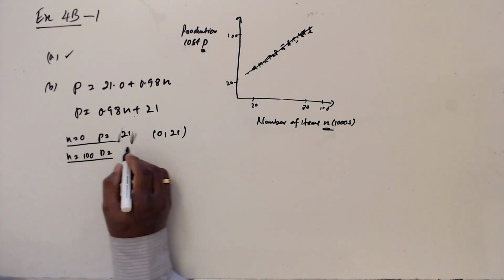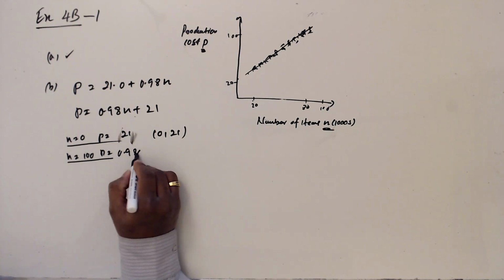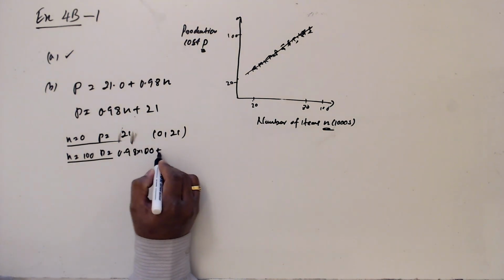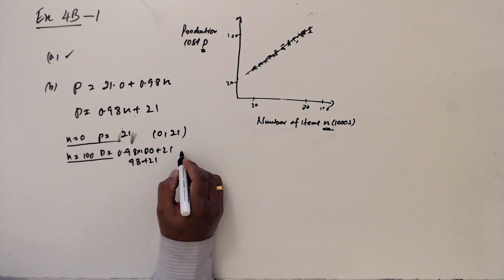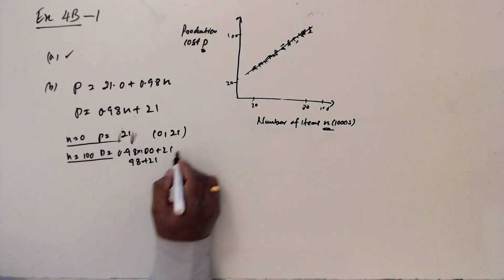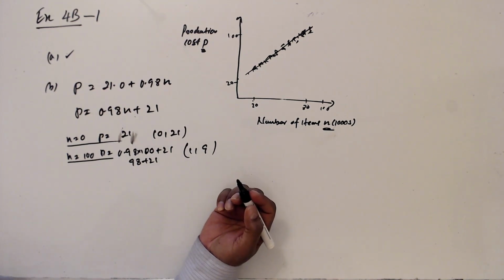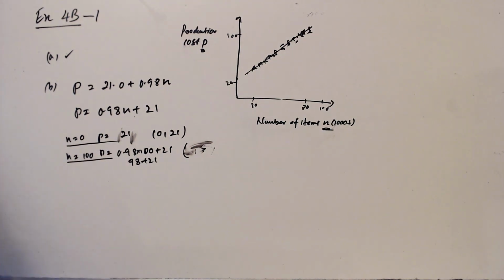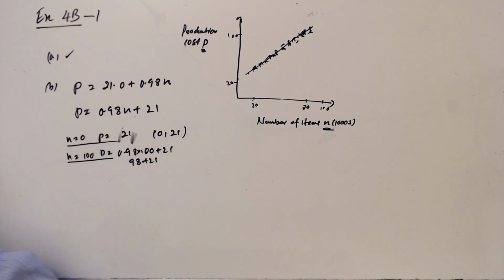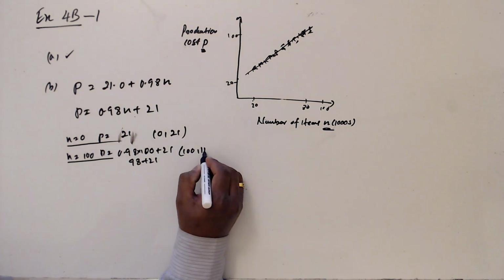So N equals 0 you can take easily, and let's say N equals 100, then P equals 0.98 times 100 plus 21. It means 98 plus 21, which is 119. The other coordinate is N equals 100 and P equals 119.